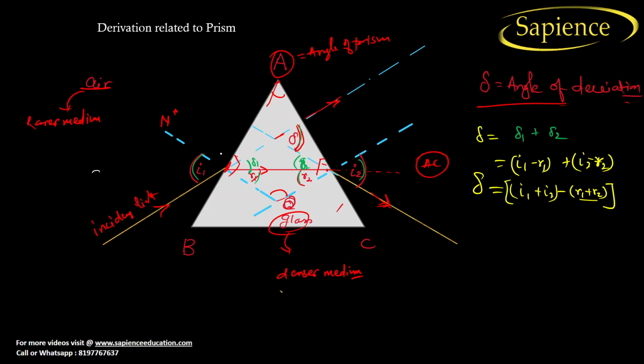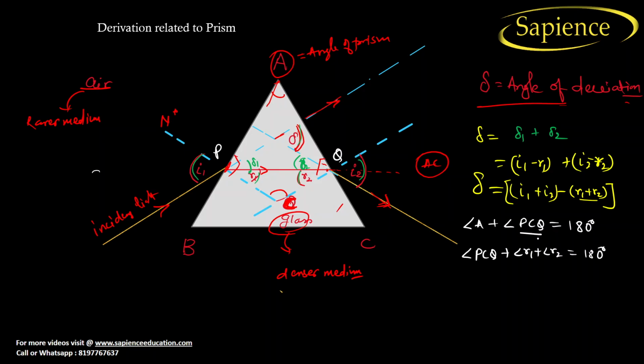Let us consider these points as P and Q, and this is angle C. Now use the quadrilateral formula: angle of prism plus angle PCQ is equal to 180 degrees. Also, angle PCQ plus R1 plus R2 is equal to 180 degrees.